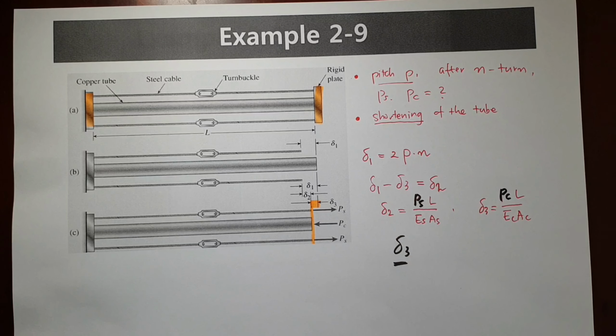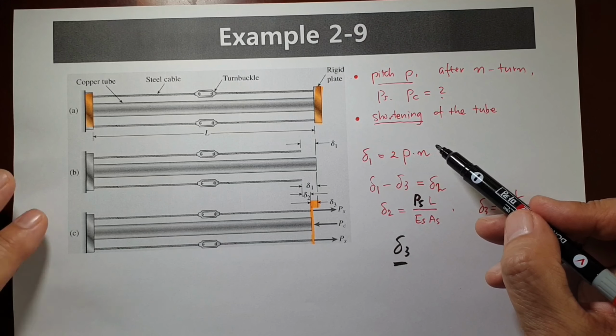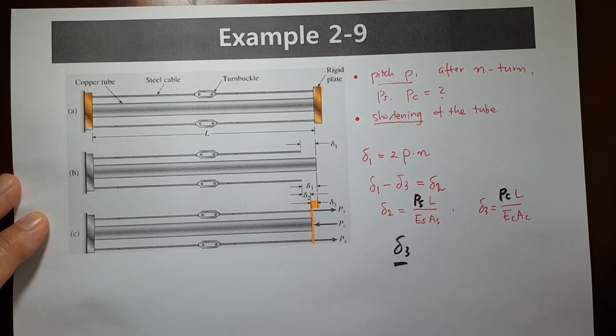Okay, here to understand properly what kind of mechanism you have related to pitch. Pitch is, when you rotate one revolution, the movement of a thread. If we have n revolutions, then pn, and we have two sides, two threads.